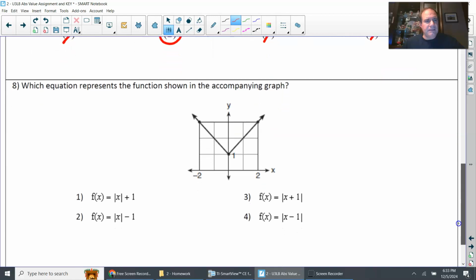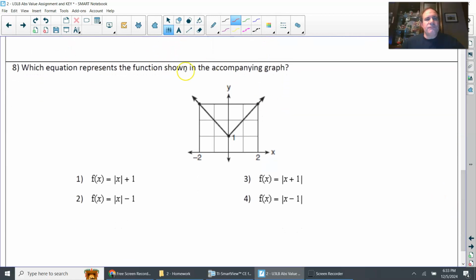And that is that. So which equation represents the function shown in the graph? This is going up 1. If it goes up 1, we have y equals the absolute value of x, and it's plus 1 on the outside. So absolute value of x plus 1 is number 1.